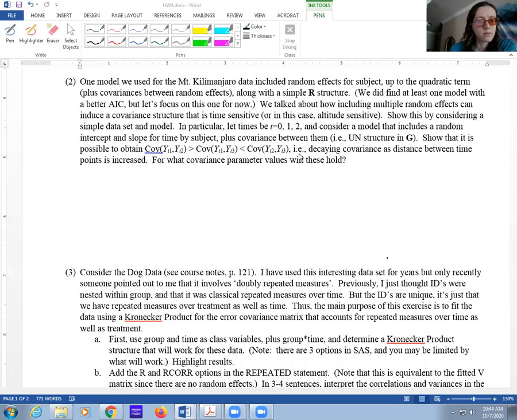So actually, this is where you do that thing I was talking about. When you say random slope for time, you are usually considering time as continuous. But if you treat it as a class, then you actually get a separate estimate for each time point. You can do that if you want to, but that's not commonly what we do when we talk about a random slope for time.